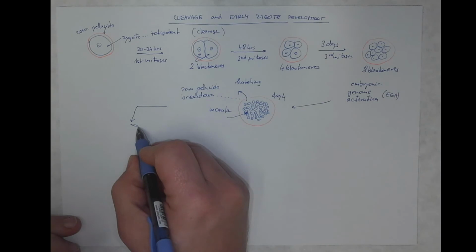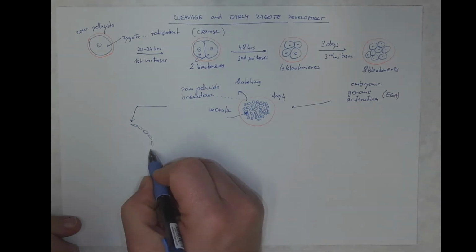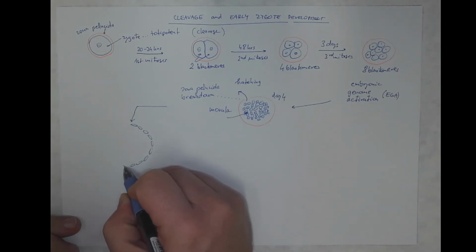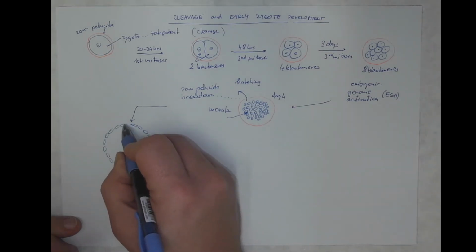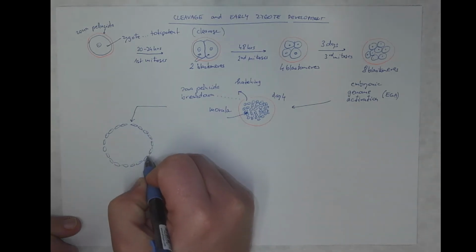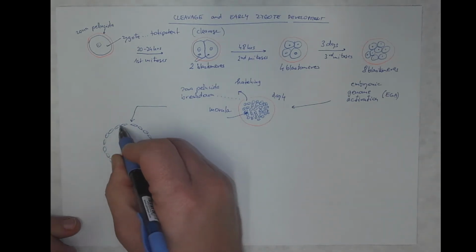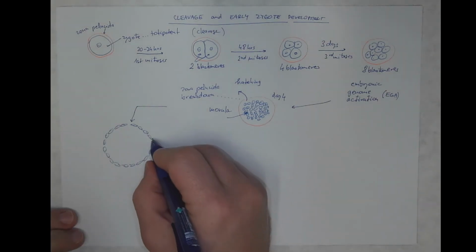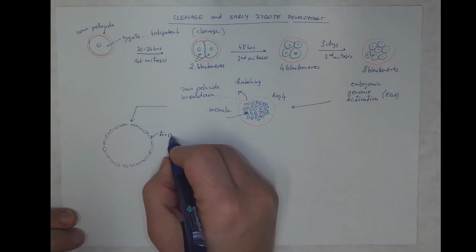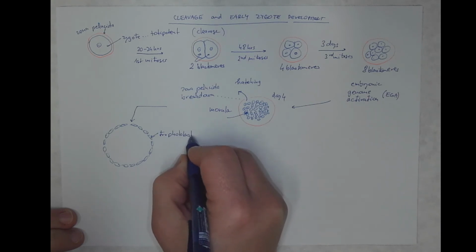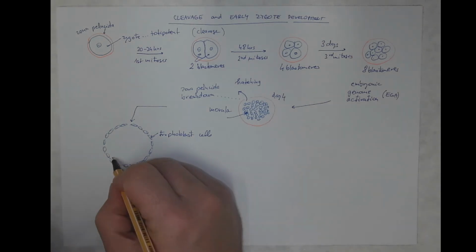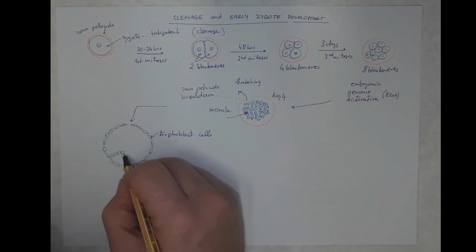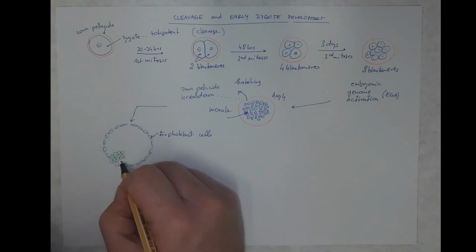However, the cell populations will then differentiate into two different populations. An outer layer of cells that remains on the surface, that is called Trophoblast. And a mass of inner cells, the inner cell mass, also known as the embryoblast.